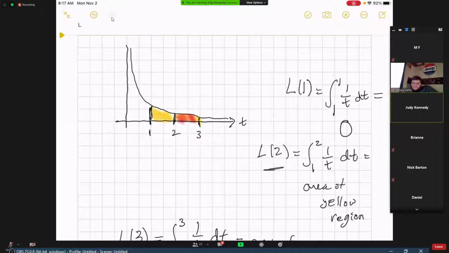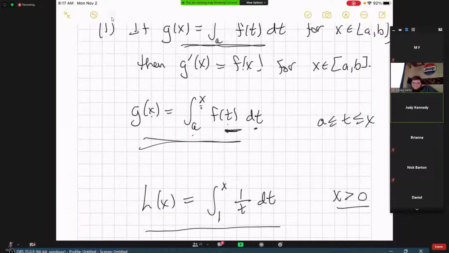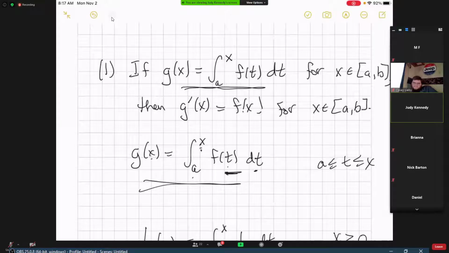Okay, so this is a perfectly nice way to define a function. And what does the theorem say? You don't have to find any antiderivative here, okay? It says that the derivative of this function is basically that function.